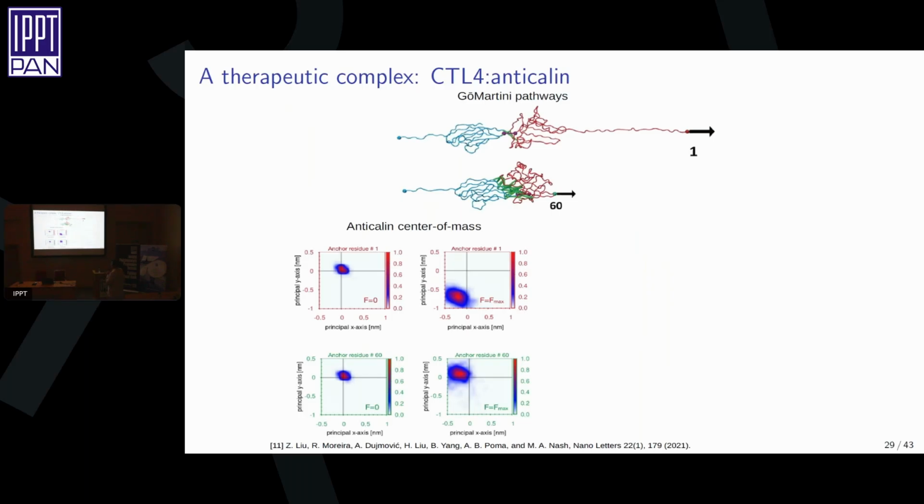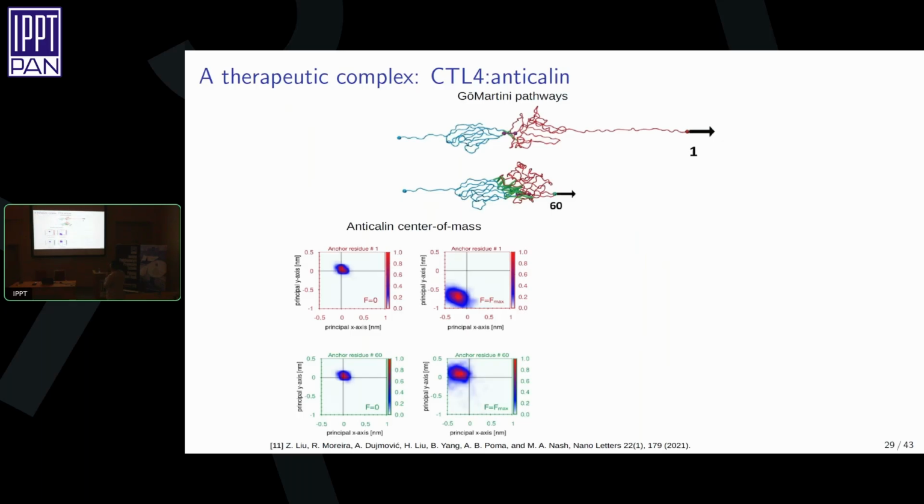So here you can also see some motion. This is the PCA of the center of mass of the protein complex. If you pull from residue 1, the system will stay at the beginning in the initial position, but at Fmax the protein changes side of the interface, it shifts, and then at Fmax it's removed from that position.